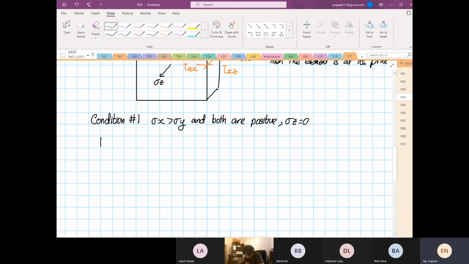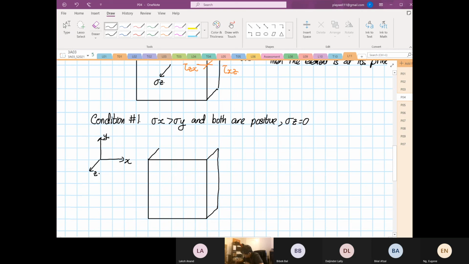The orientation is still the same, our transformation X, Y, Z. So you have over here stress X, over here stress Y, and our stress Z is equal to 0.